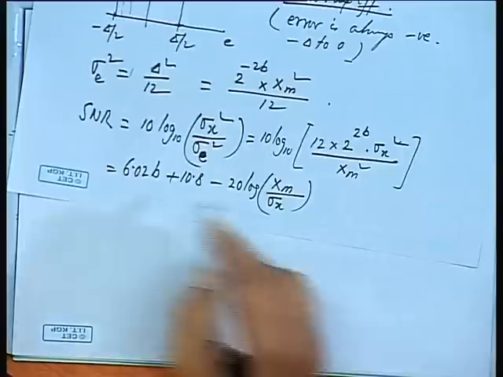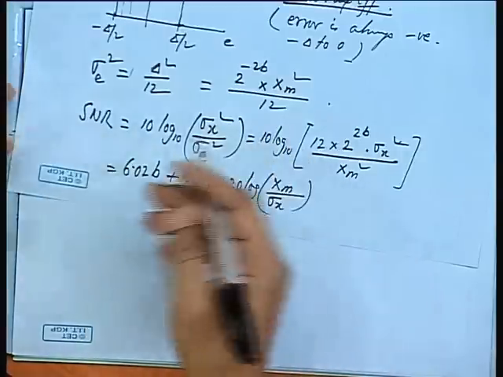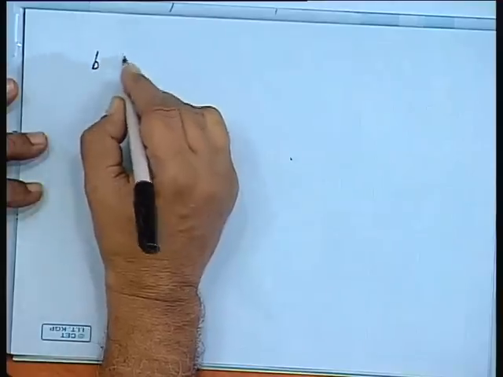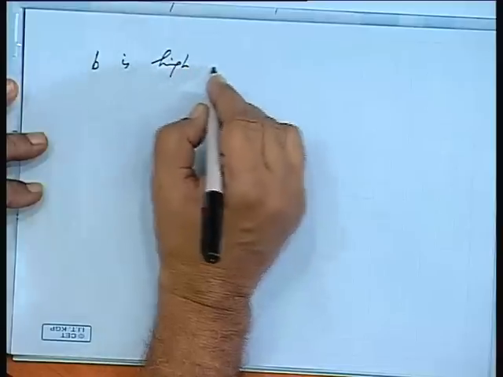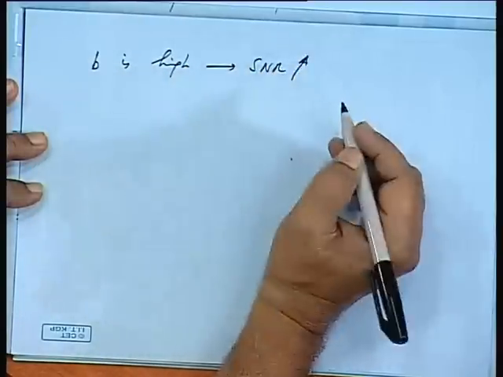Now, if you see from here, if signal to noise ratio is high, that means the noise component is very much reduced, and it will be high if I increase 1 bit more. If I have the representation 1 bit more, I gain by 6 dB almost. So, if B is high, SNR goes up.